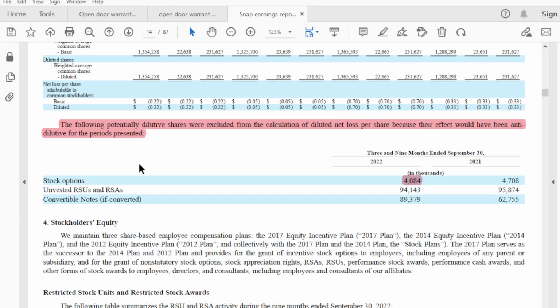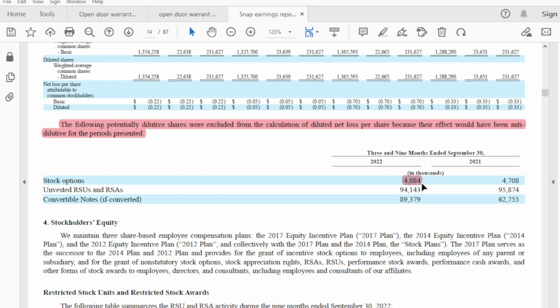It says that they excluded the stock options, about 4,084,000 shares, from the dilutive count. Now, what is the reason for this? It's exactly what I showed you guys before. It's not dilutive because the exercise price is higher than the share price.